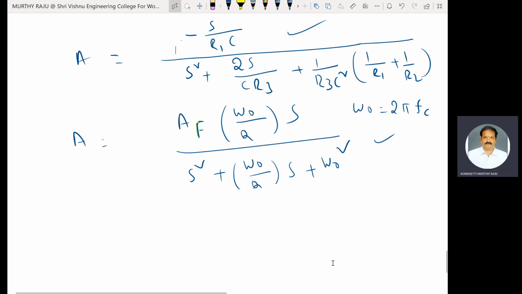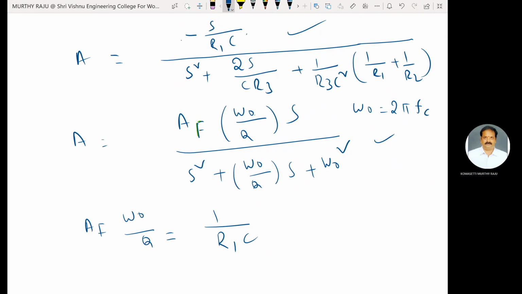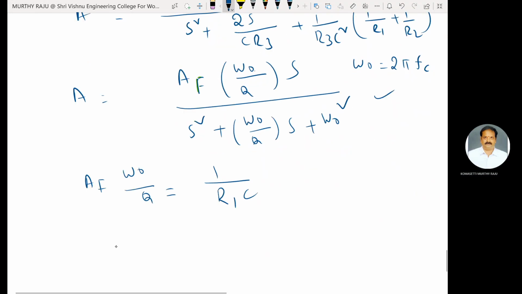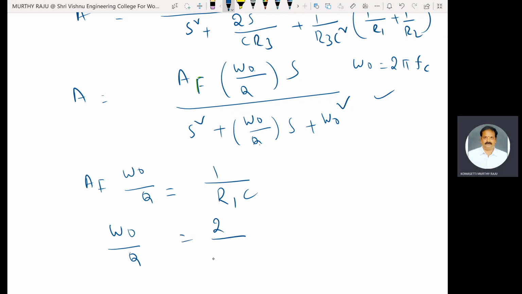Comparing, AF into omega naught by Q is equal to 1 by R1 into C. Next, omega naught by Q is 2 by R3 C. This is equation 1, and this one is equation 2.